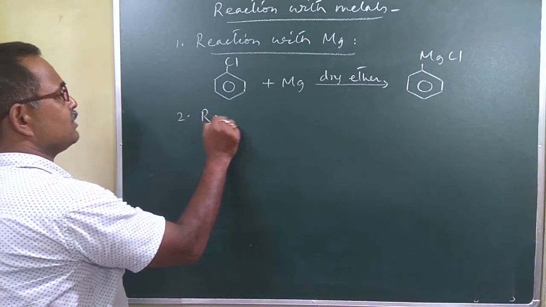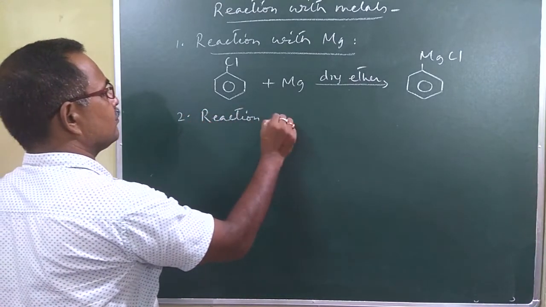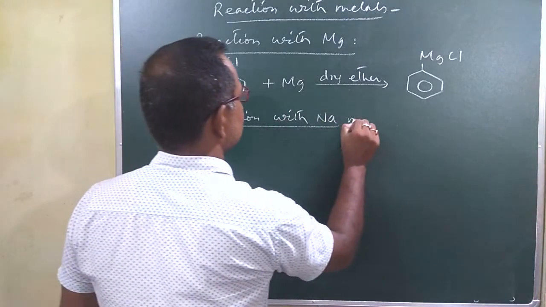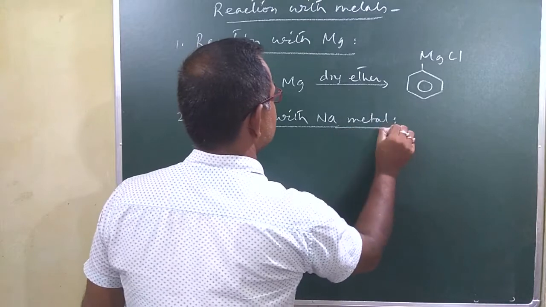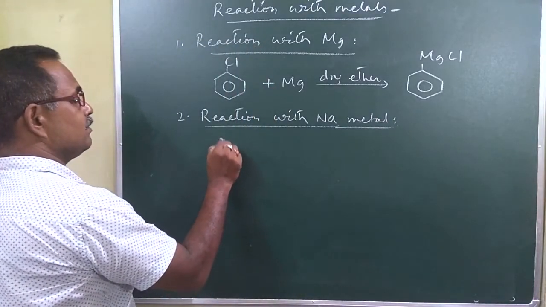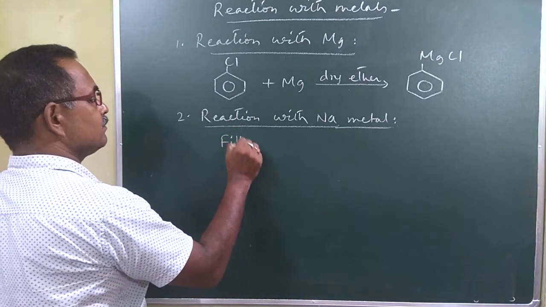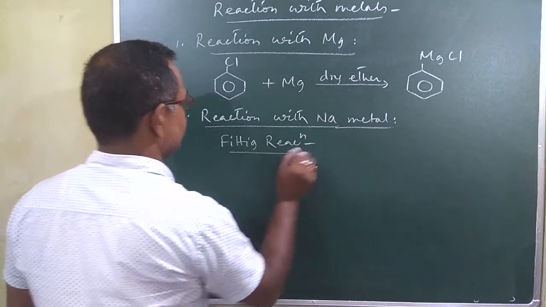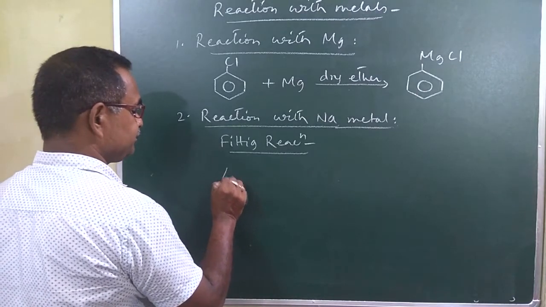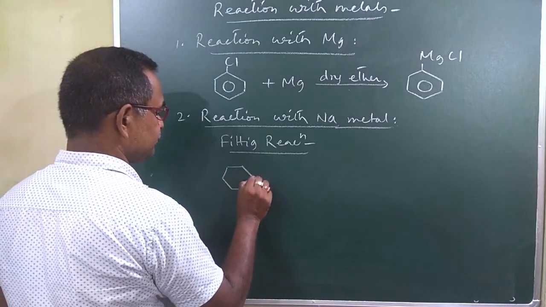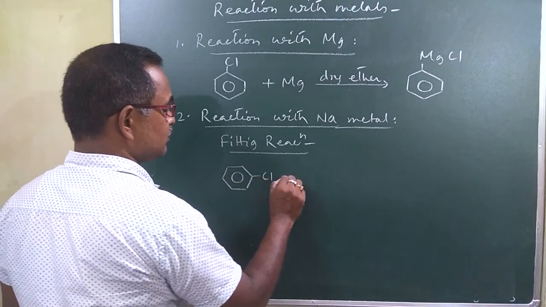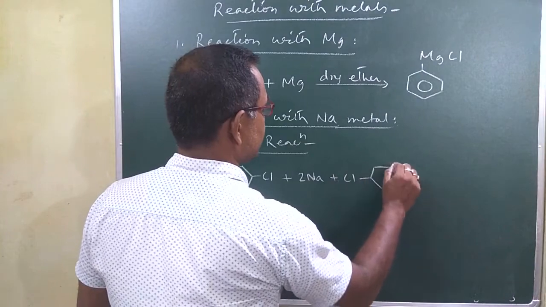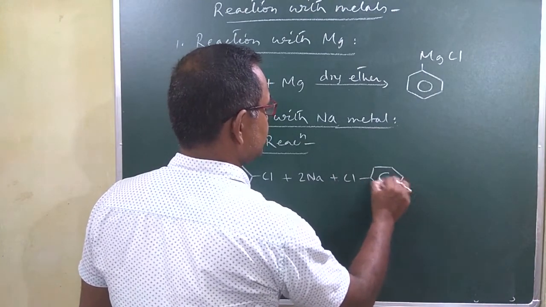Then come to reaction with sodium metal. In this case, we have two types of reaction: Fittig reaction. See, this is chlorobenzene. This is another molecule of chlorobenzene.